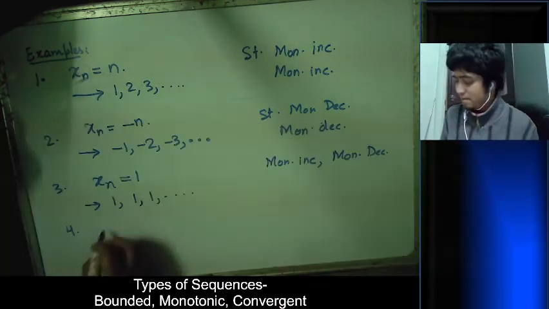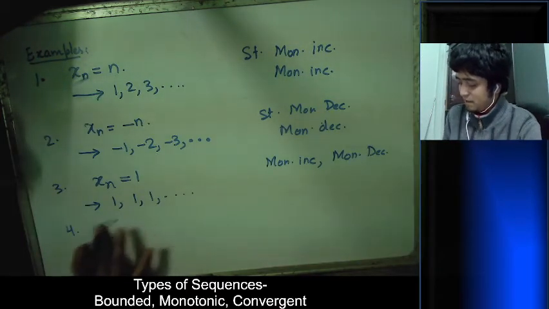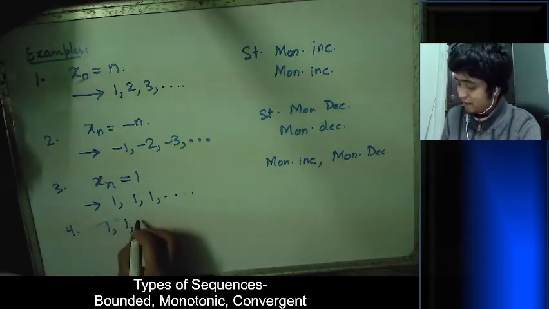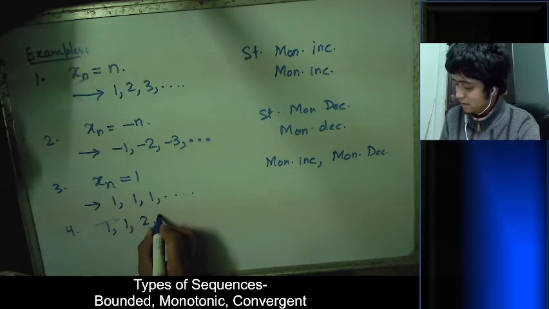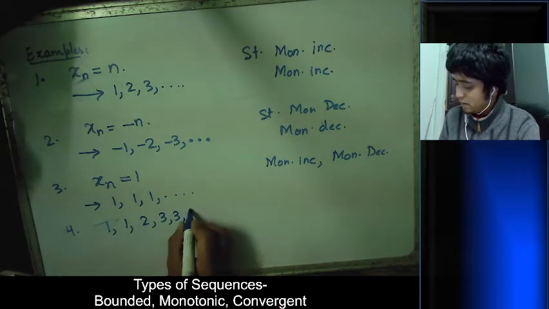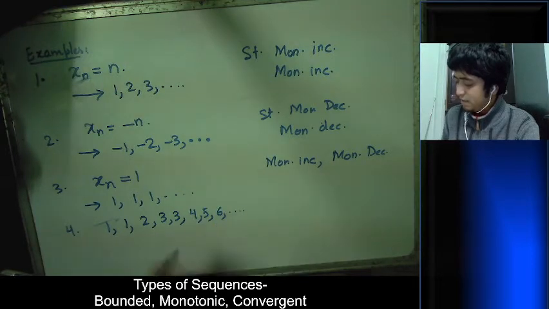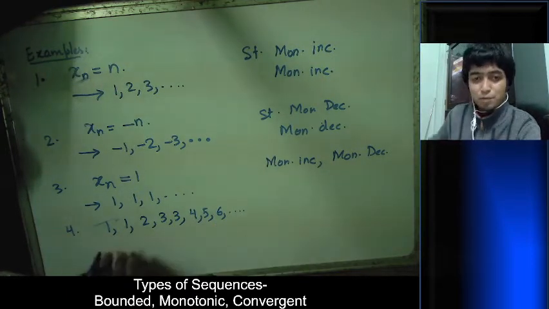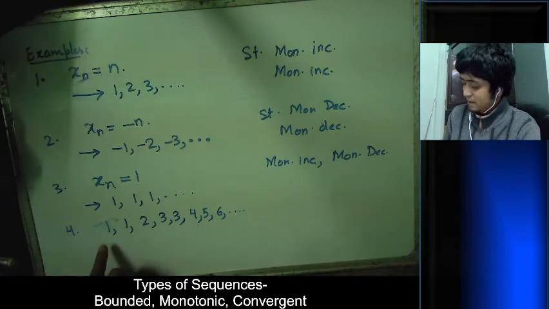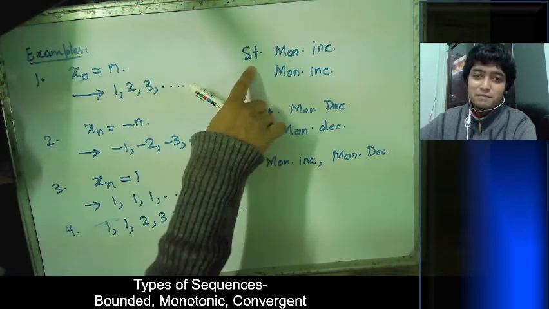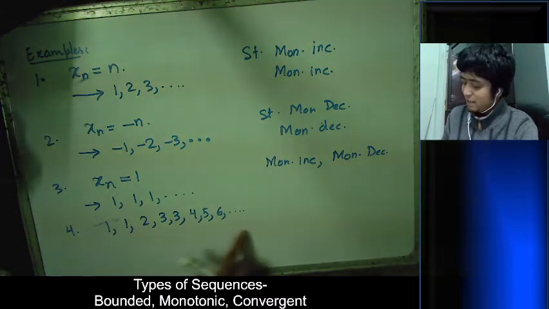Number 4, another example. I will just write it in an expanded form. Let's say you are having this. If the pattern continues in this way, suppose they keep on increasing, then this one is not strictly monotonic, because if it is strictly monotonic, the terms cannot be equal.